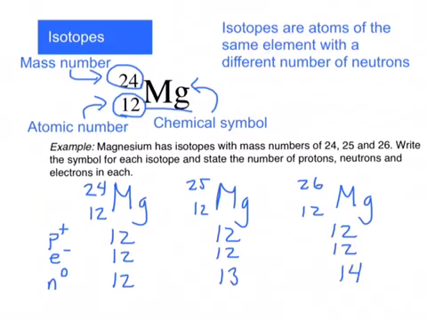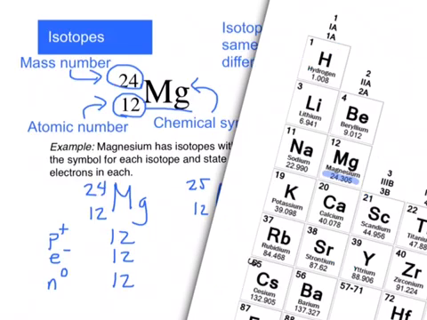Now, you may have noticed that if you look at your periodic table, there is a different number for the mass than any of the numbers we just wrote down for the mass number of magnesium. So when you look at the periodic table, the mass of magnesium is not 24 or 25 or 26, it's 24.305.